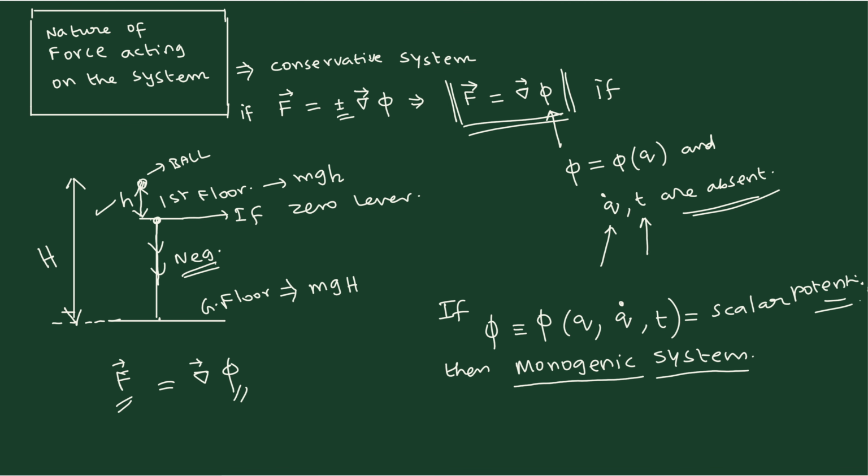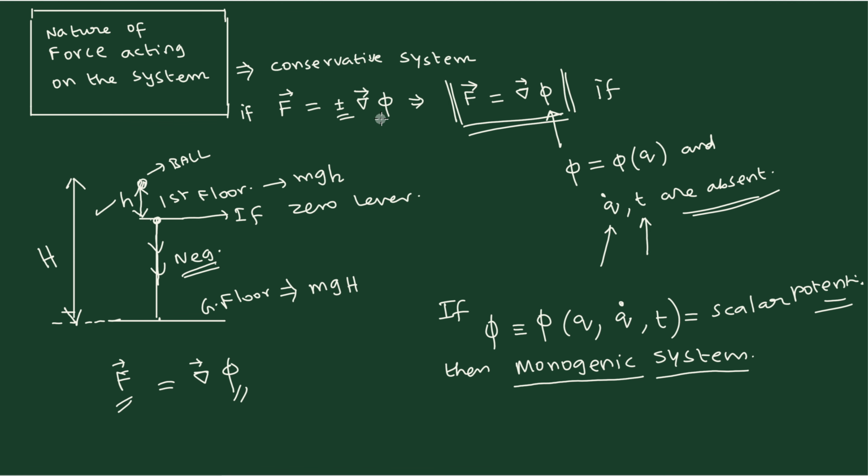So our conclusion is simple. Let me make the conclusion. Whenever the scalar potential depends on velocities and time, then such mechanical systems are known as monogenic systems. And in a much more special situation, if the scalar potential depends only on the coordinates, okay, only is important, then that particular system is known as a conservative system.